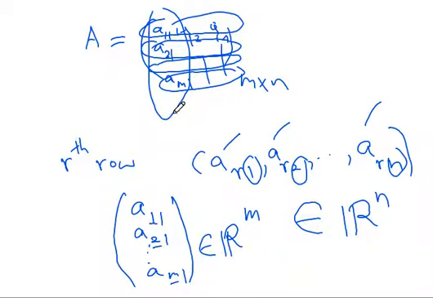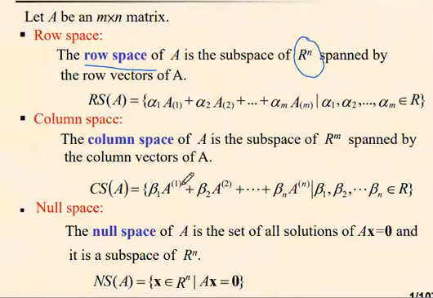If you consider the set of all linear combinations of columns of A, that would be a subspace of Rm. You know that. That's trivial, right?